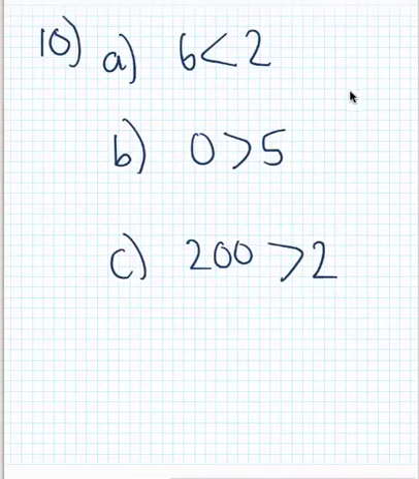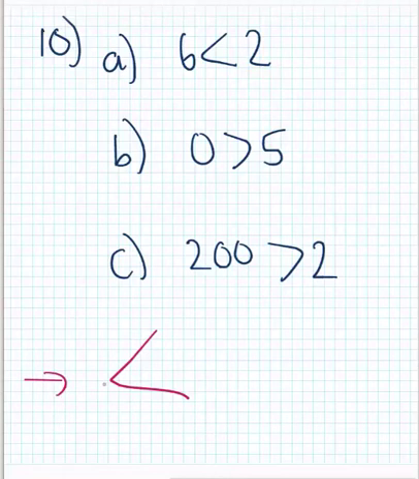With question 10, these symbols here are called inequalities, which means we don't see an equal sign, but our answer can be more than one thing. You have to know how to read these symbols, and just in case you've forgotten, we read from left to right. Imagine there's a tiny little gap there.